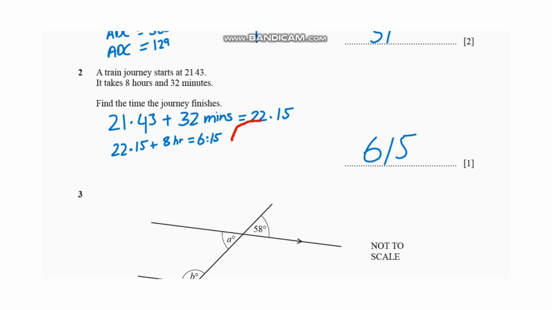Over here we have 21:43 plus 32 minutes, that will be 22:15. Then we will add 8 hours, 22:15 plus 8 hours, which will be 6:15. So the time the journey finishes is 6:15. So 6:15 will be the final answer.